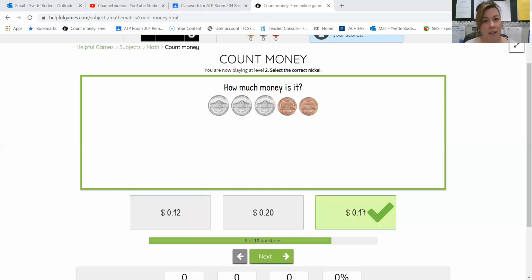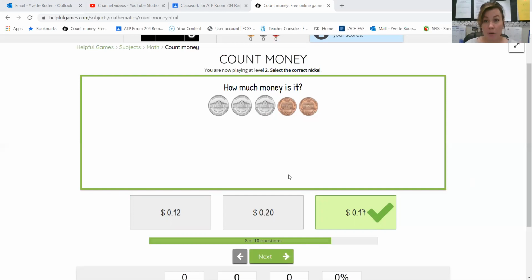Put it in your calculator now. Pause the video and do them one at a time. 0.05 plus 0.05 plus 0.05. Now I'm going to do the pennies. 0.01 plus 0.01 equals. Remember, 0.01 is always how you put a penny into the calculator. It does not change.